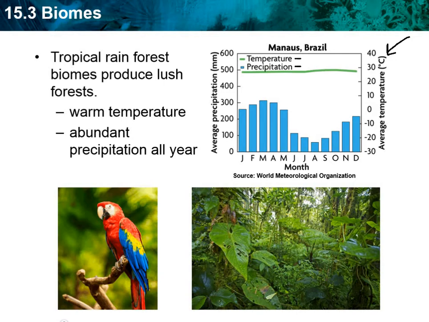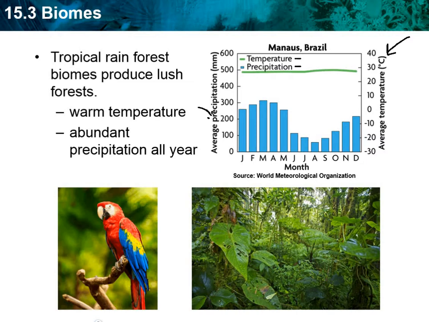So the precipitation here is being shown to you as a bar graph. That's what you see in the lower part, and it's the blue, and you can see over on the left side it is showing the average precipitation, and it goes 0, 100, 200, and so on.